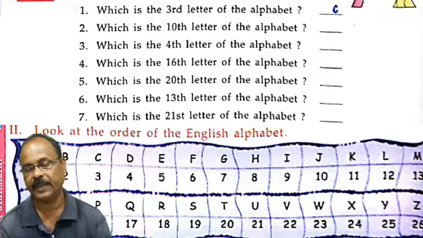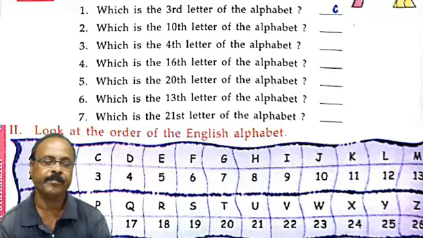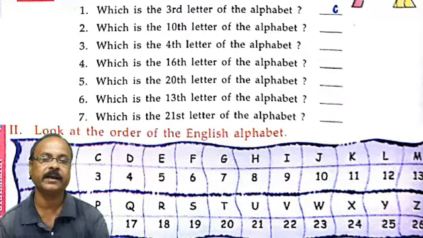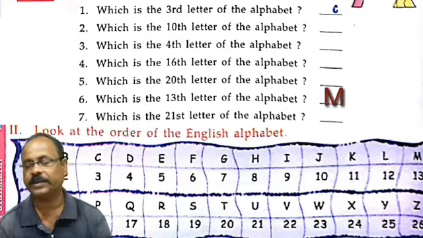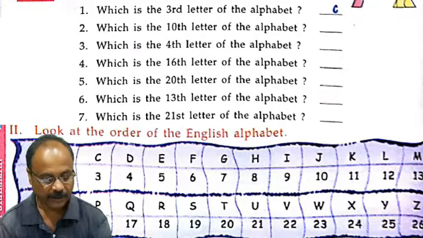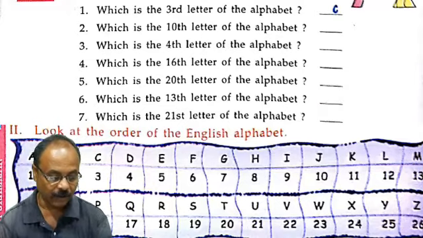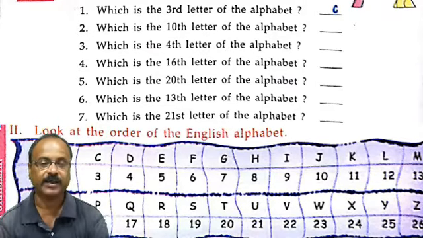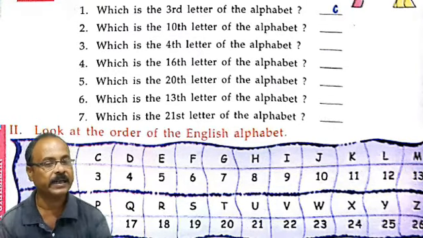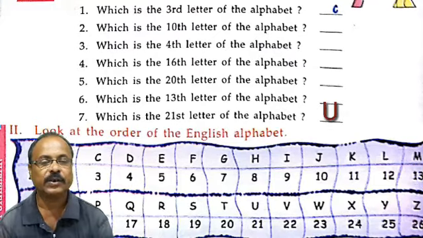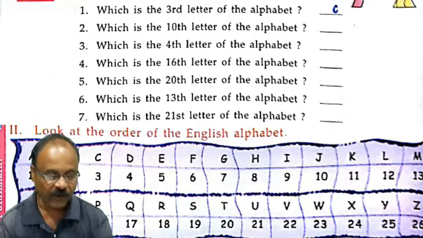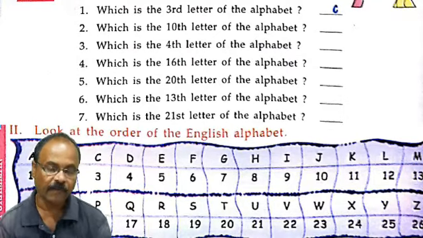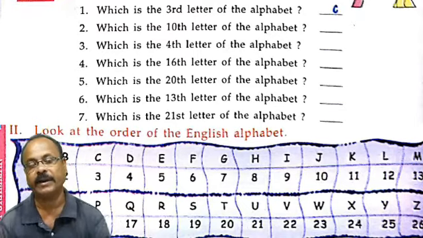M. M is the 13th letter of the English alphabet. Then last question. Which is the 21st letter of the alphabet? U. U is the 21st letter of the English alphabet.